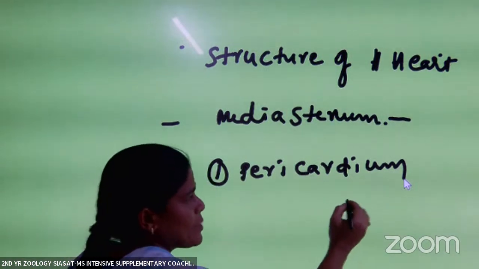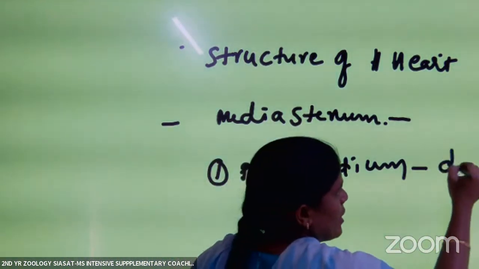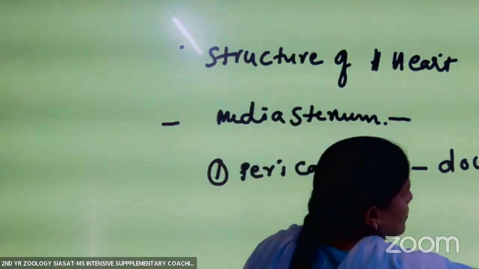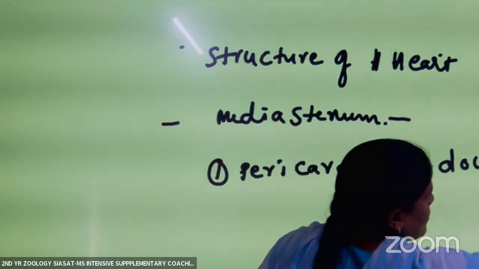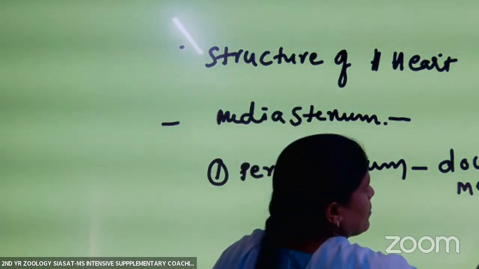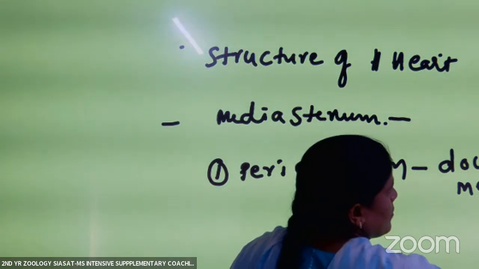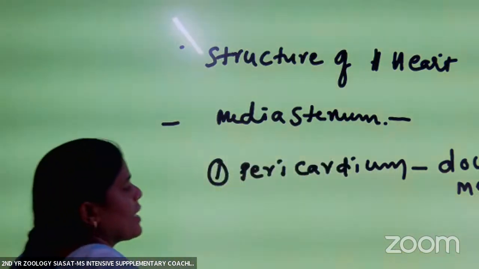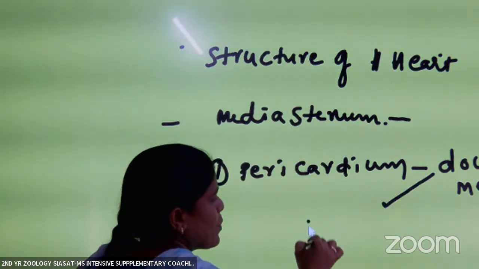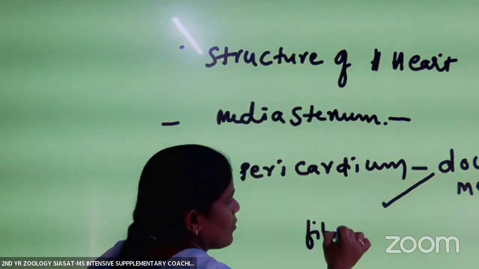Pericardium is a double layered membrane. The outer layer is called the fibrous pericardium.